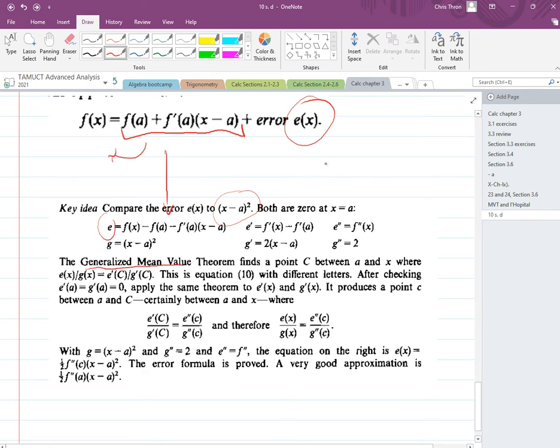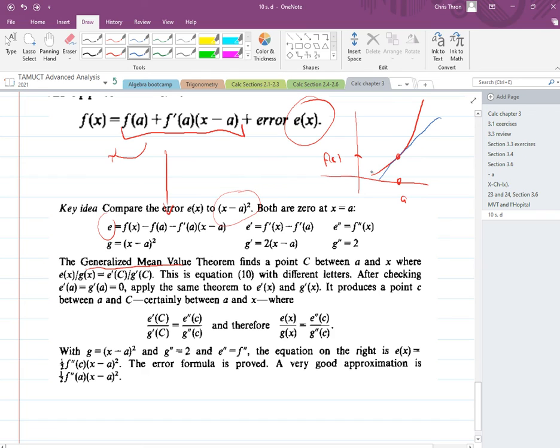There's a point, so here we'll draw this picture. We have a, and we'll have f of a here. Okay. And then your function will look something like this. And then your linear approximation will look something like this.